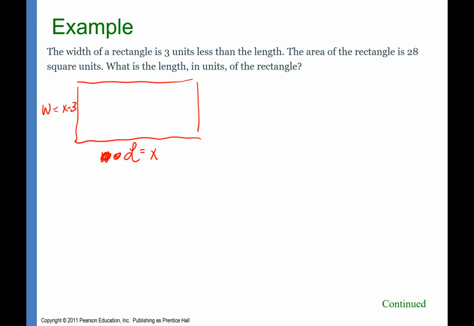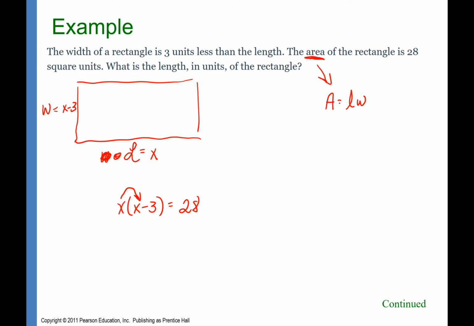And then the area of a rectangle is length times width. So we know the area is 28. So if I take the length x times the width, x minus 3, that equals 28. So I'm going to distribute out my x, because we want to set this equal to 0, and we can't do that until we've distributed this out.